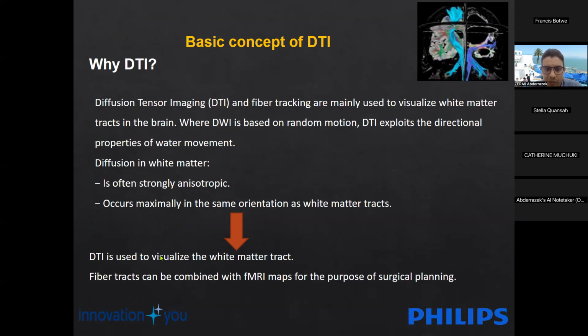And this modelization of the diffusion data used in diffusion tensor imaging can exploit the directionality of the property of the water movement. So the diffusion in white matter is often strongly anisotropic, with a maximum along the same orientation as the white matter tract. So diffusion tensor imaging is used to visualize the white matter tracts.